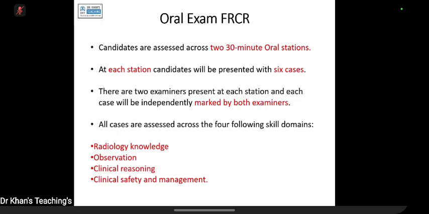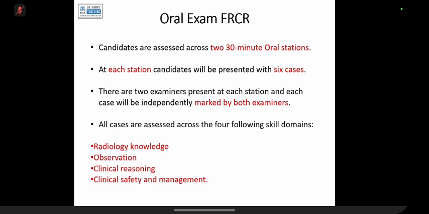Now, each case is marked by both examiners, and they have got four domains to mark on: radiology knowledge, observation, clinical reasoning, clinical safety and management. I think we should do a separate talk on what it means, but I'll just briefly touch on it.